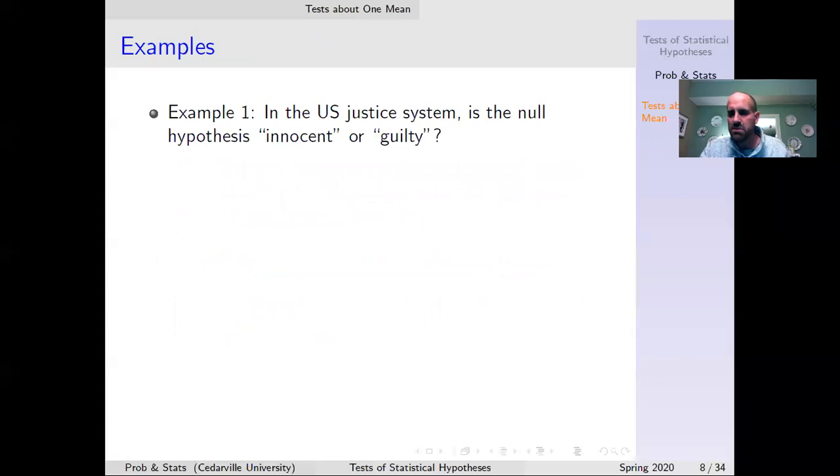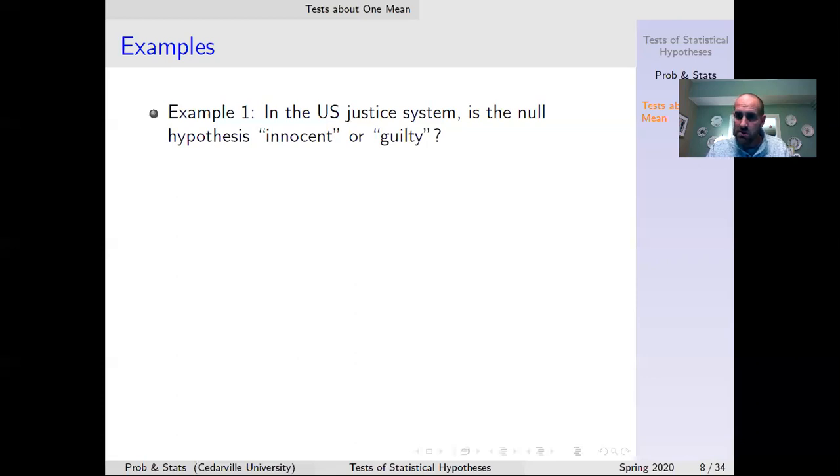So one of the classic examples to illustrate what's going on with hypothesis testing and the way in which it is set up is the US justice system. Okay. So you always start in the US justice system by assuming something at the beginning. And what is it that we always say with the US justice system? We say that you are innocent until proven guilty, right? Until the evidence becomes so compelling that you have to reject that hypothesis and revert to the opposite one, the alternative hypothesis, which is guilty.